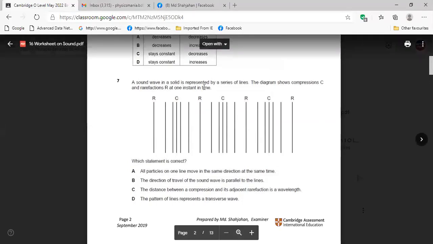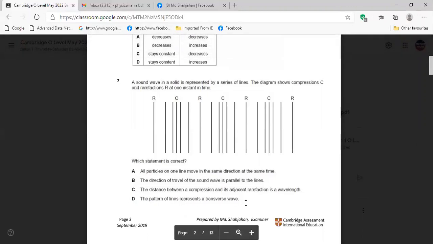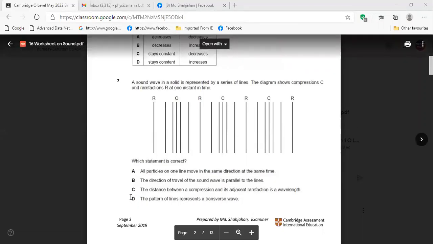So if it is a sound wave, should it be a transverse wave or a longitudinal wave? Sound is transverse or longitudinal? Longitudinal wave. So we can ignore option D, right?